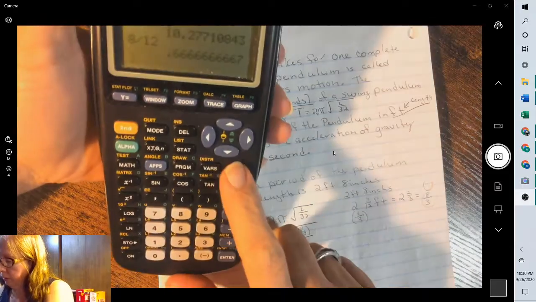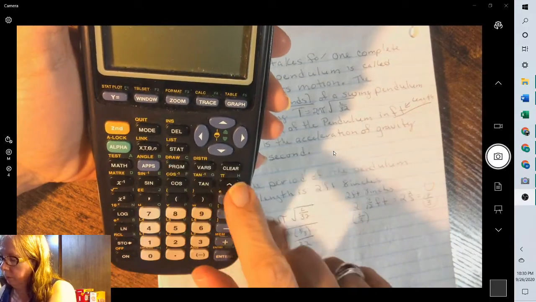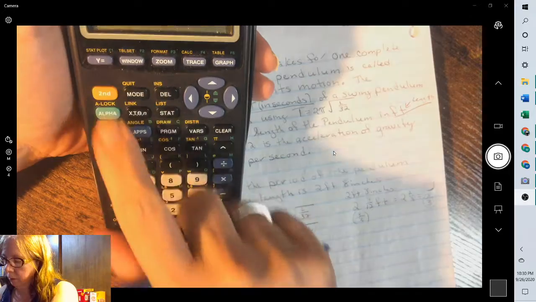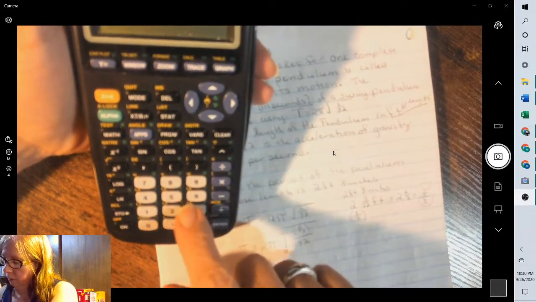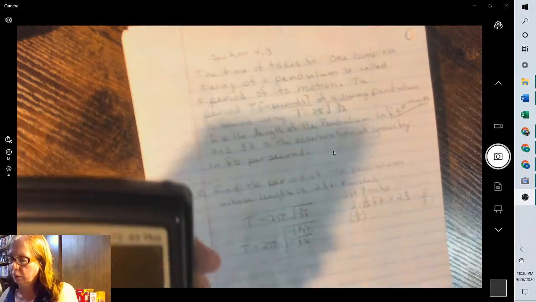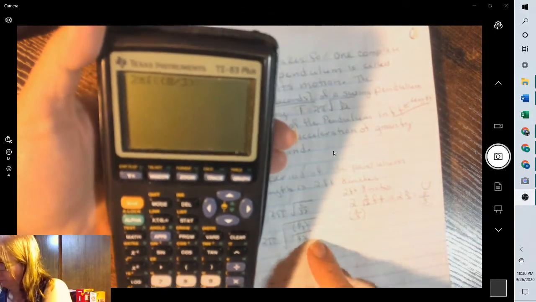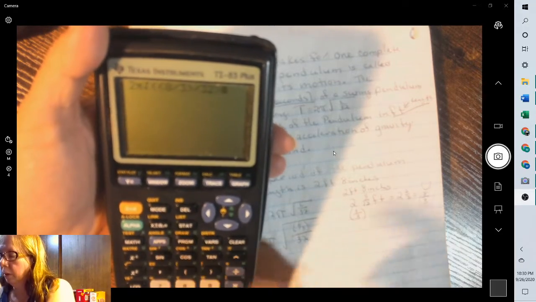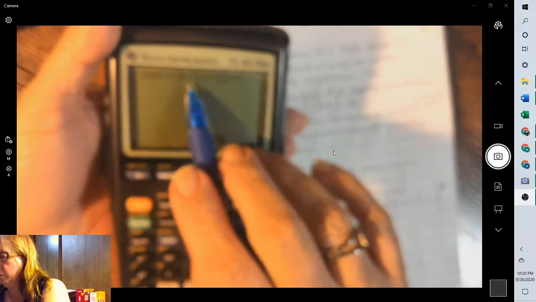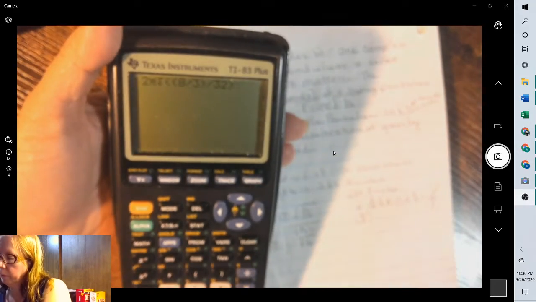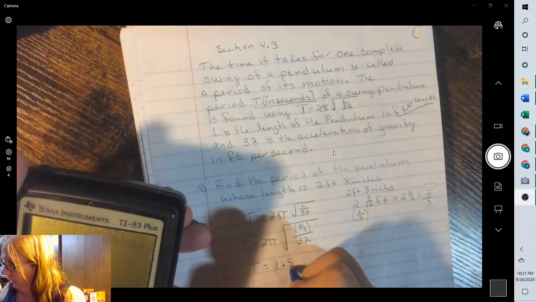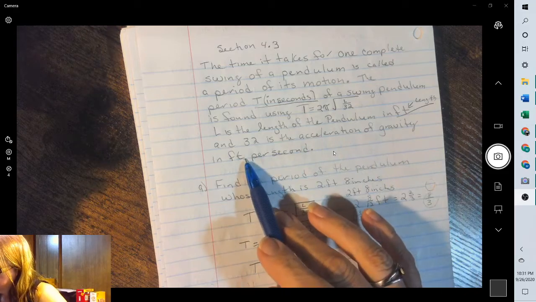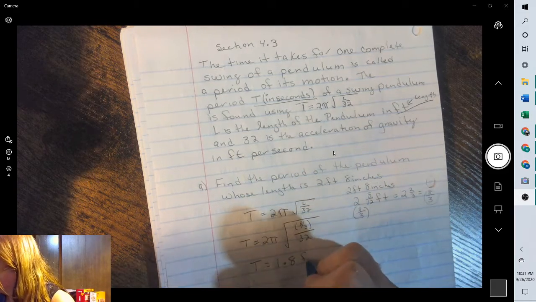And plugging into our calculator, 2 pi square root 8/3 divided by 32. Now when you put in fractions, rule of thumb, always put them in parentheses so they stay together as a fraction. We get 1.8, and that was seconds.